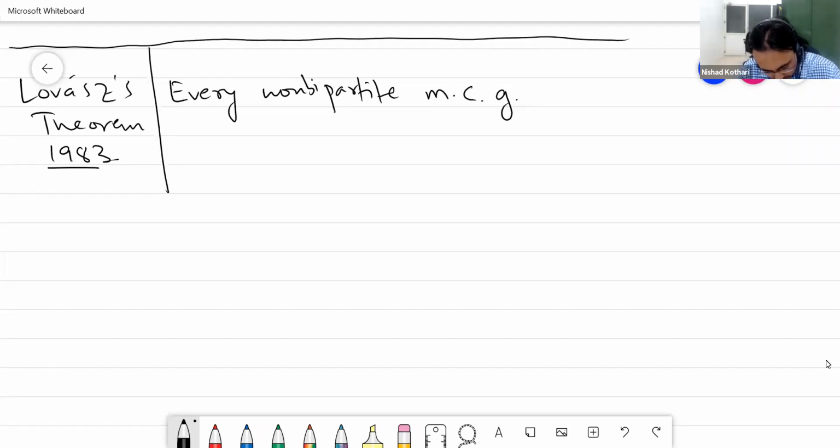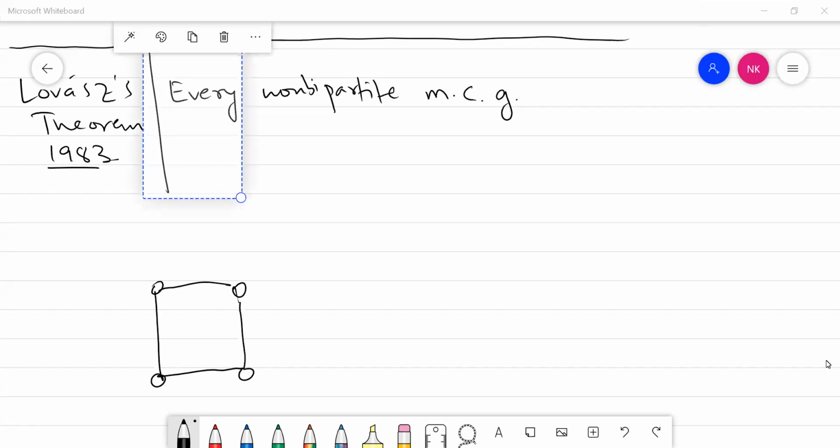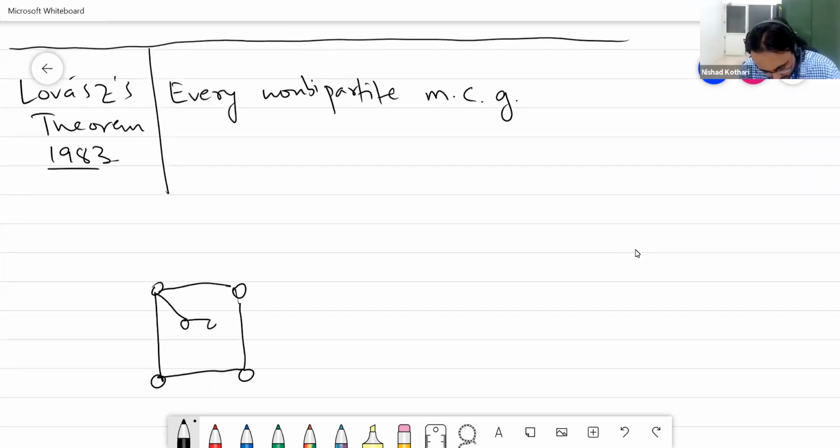So a graph is bipartite if you can color the vertices in two colors, so let's say I will use two colors, red and blue. Okay.